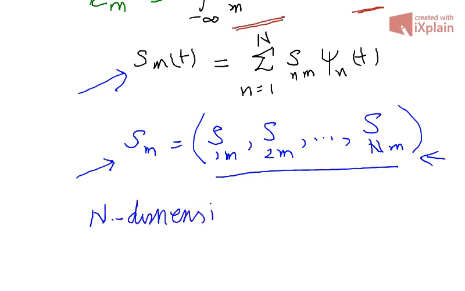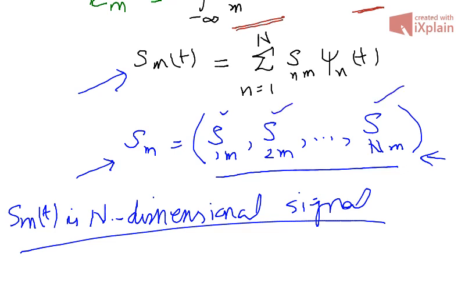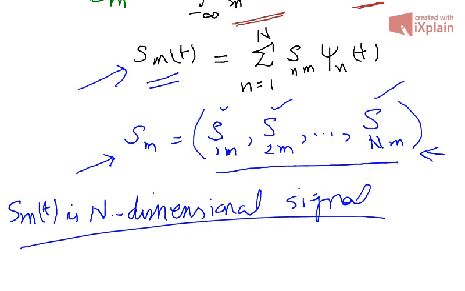You can use these components to represent Sm of t as a single point in n-dimensional Euclidean space.